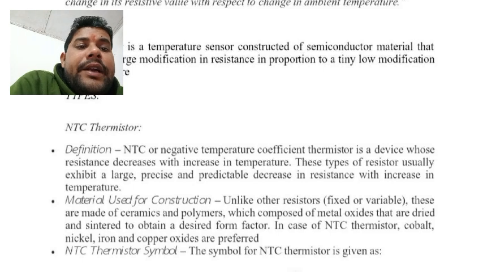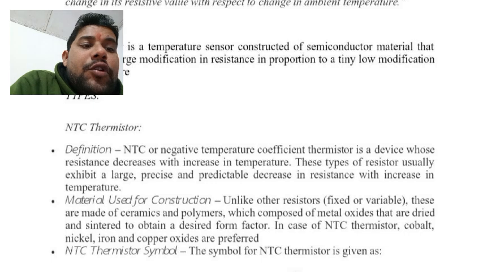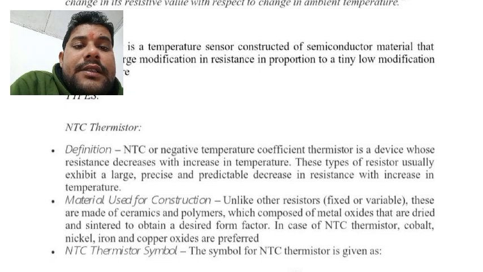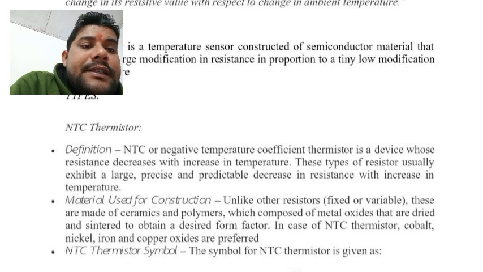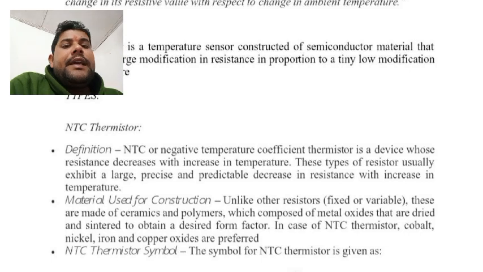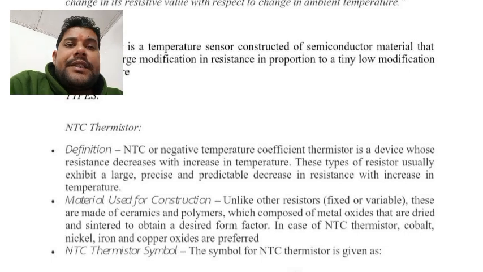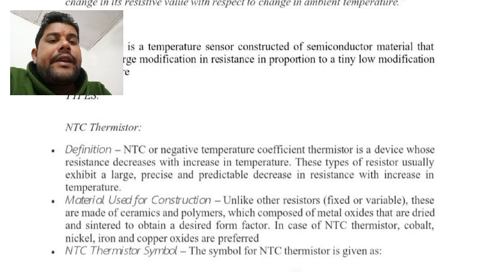An NTC thermistor is a device whose resistance decreases with increase in temperature. These types of resistors usually exhibit a large, precise and predictable decrease in resistance with increase in temperature. Means if we increase the temperature, then its resistance will decrease.